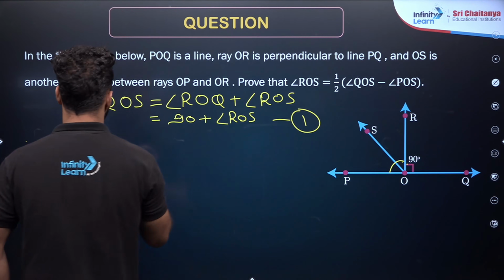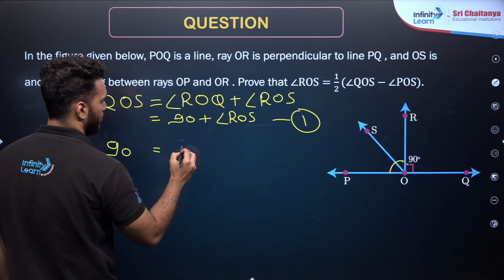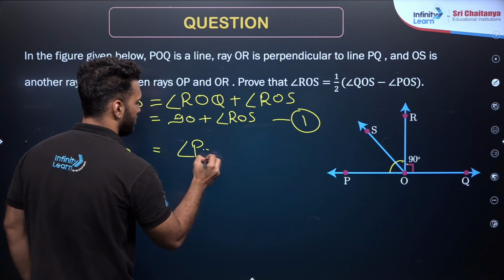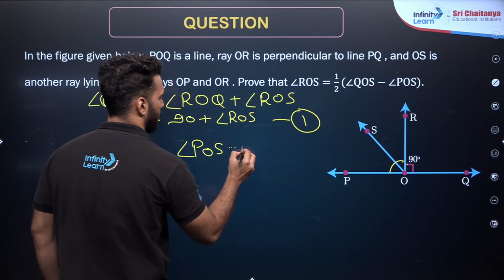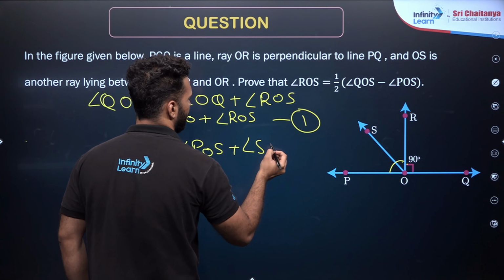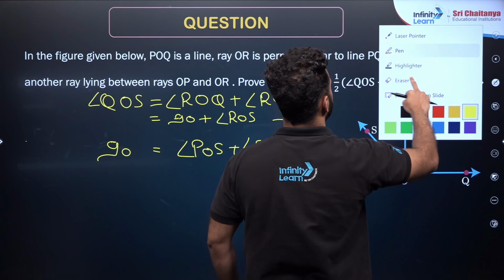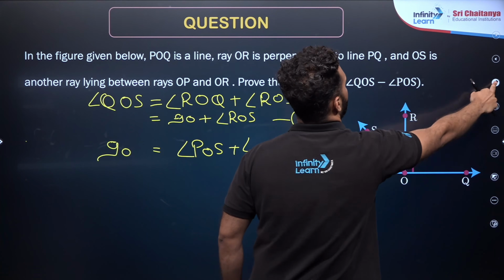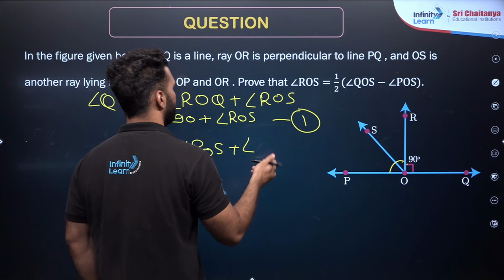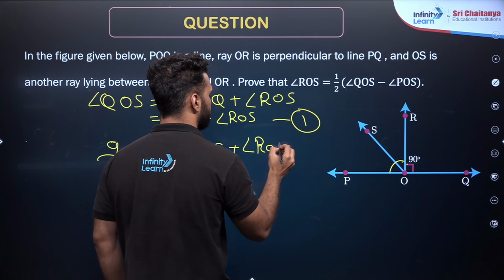Or we can write 90 is equal to angle POS plus angle SOR or ROS. We should take ROS because in the question they are using ROS, but SOR and ROS are both equal.